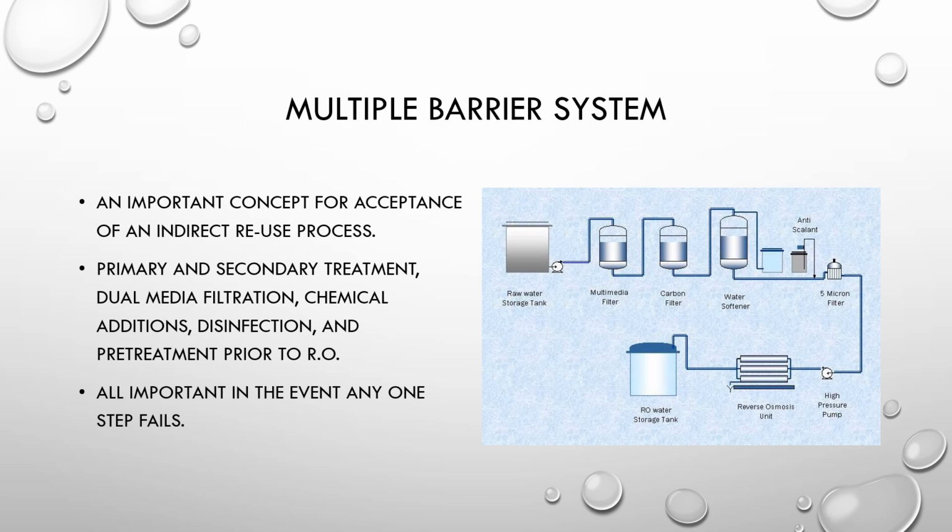And then you also want a pre-treatment prior to the reverse osmosis system. If you're not treating that water and just sending it to the reverse osmosis system, you're going to go through those membrane filters quite fast, and those are quite expensive. So it's really important that every single step here works and not one of them fails. Otherwise, you can't provide that water to the public.